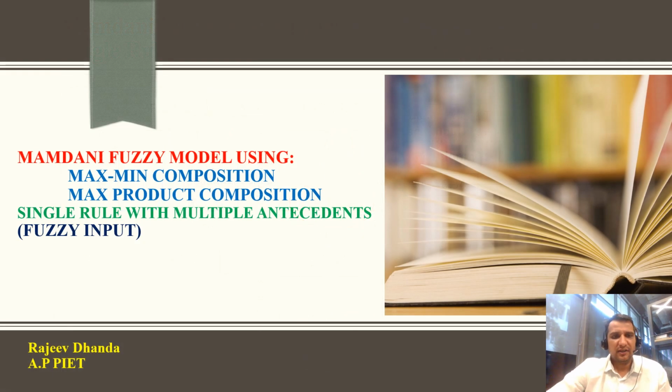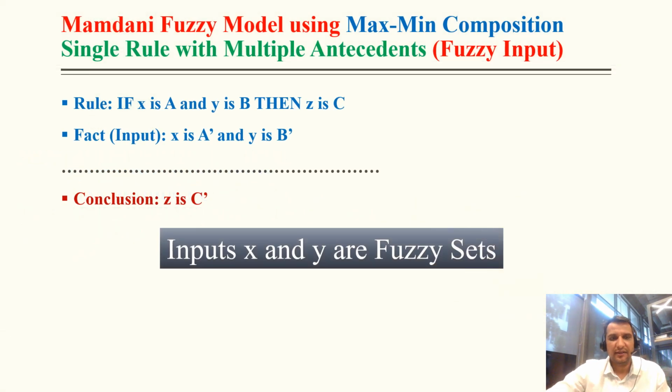Now we are going with the single rule with multiple antecedent. Input will be fuzzy. If x is A and y is B, then z is C. Only there is one rule, that's why we are saying it is a single rule. But now multiple antecedent.